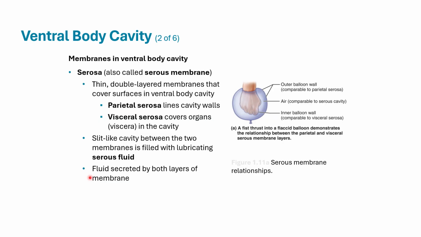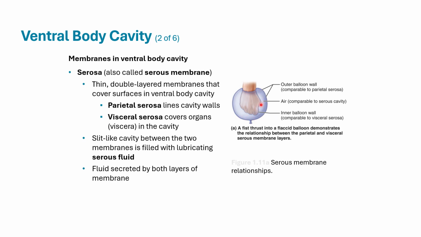All right. So in part A, the outer wall of the balloon is comparable to the parietal serosa. Okay, that's this here. The serous membrane that lines the walls of the ventral body cavity. Okay, so that's going to be the serous membrane from the abdominal cavity. The inside air in the balloon is comparable to the serous cavity in here.